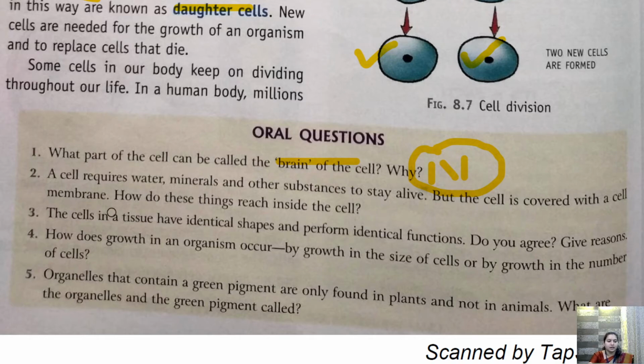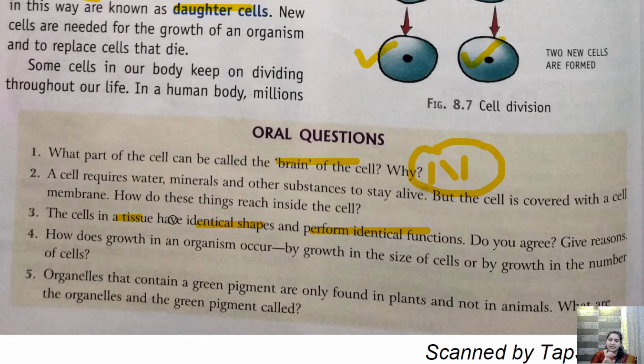Okay. Now question number 3. The cells in a tissue have identical shapes and perform identical function. Do you agree? Give reason. Yes, definitely. Because what is tissue? Tissue is a combination of similar kind of cells. So these cells have similar shape and similar sizes and they perform similar function.